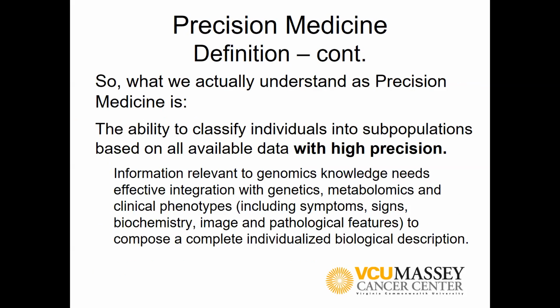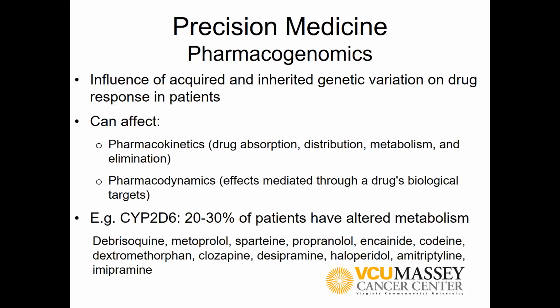Okay, so one interesting subfield that arises with all the genomic identification of different diseases and different patients is pharmacogenomics. As you can probably infer from the name, it's a mix of pharmacology and genomics.